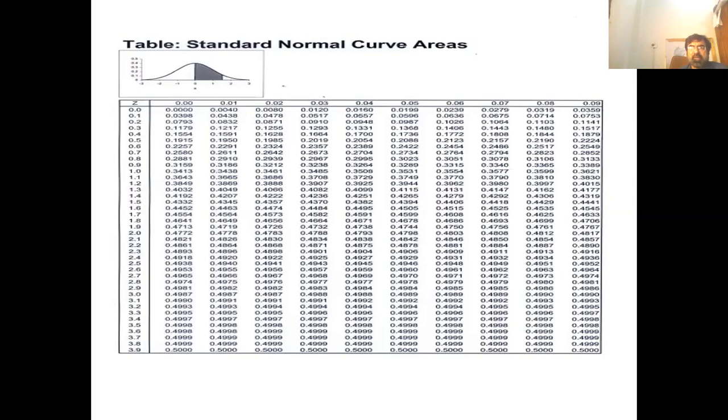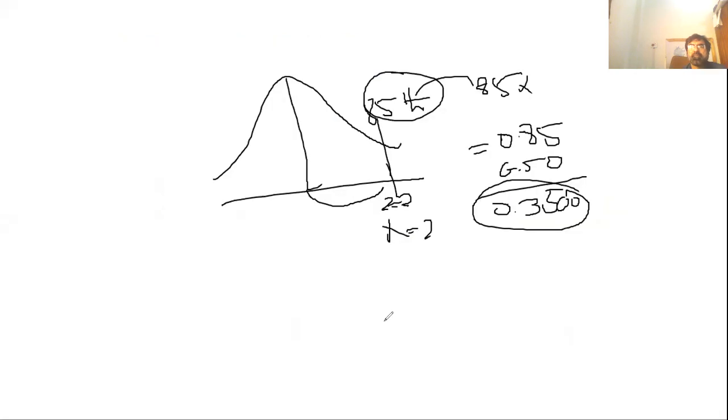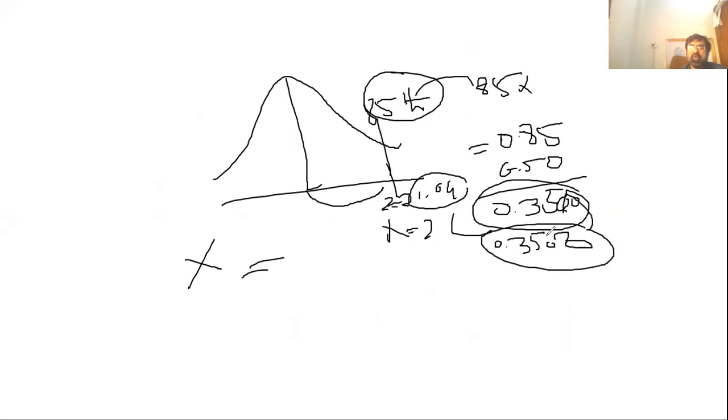So Z is equal to 1.04 according to this. This area actually does not exist in the Z table. So we will go for 0.3508. This is the closest or nearest area to this one, and it falls below 0.04 and in front of 1.0. So both will become 1.04.